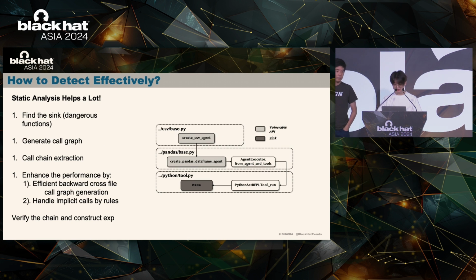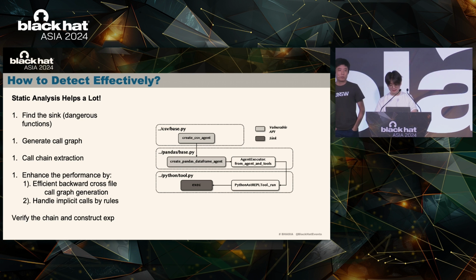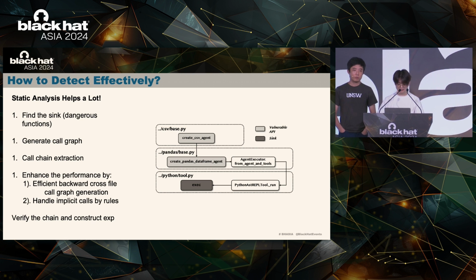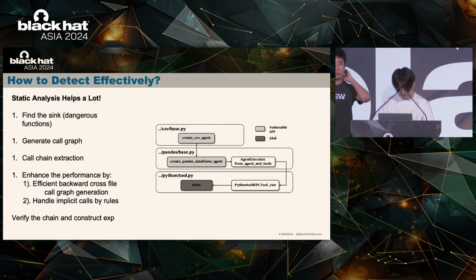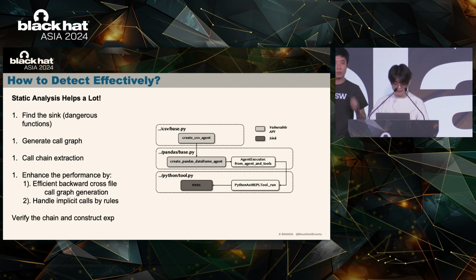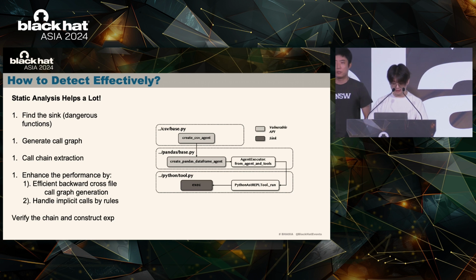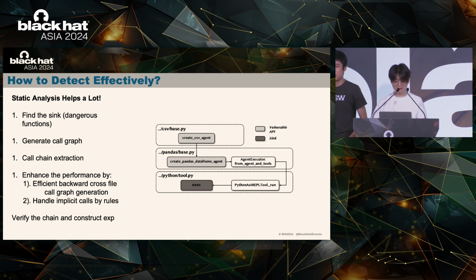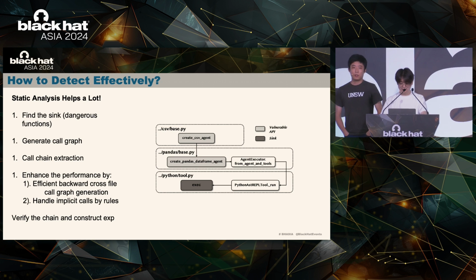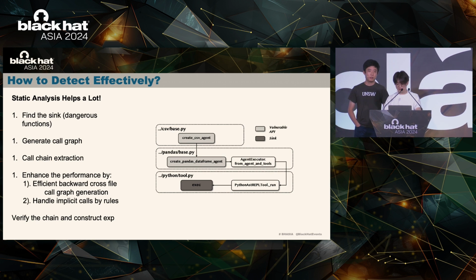We have adopted a static analysis approach to help us do this. As shown in the picture on the right, our goal is to extract such vulnerable code chains, and we can see that there is a code chain from create_CV agent, which is a user-level API, to the exec, which is a dangerous function that can execute arbitrary code. This vulnerable chain is what we want.